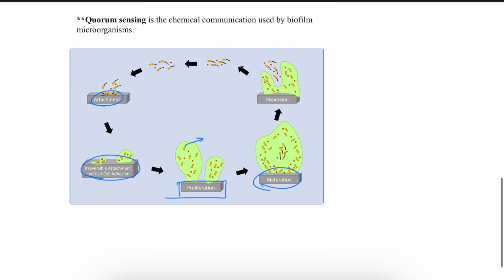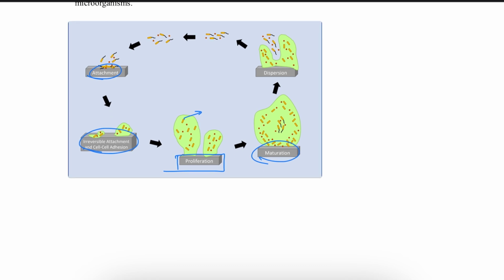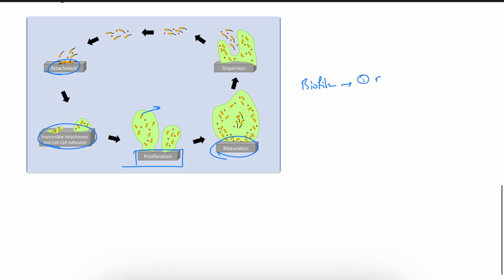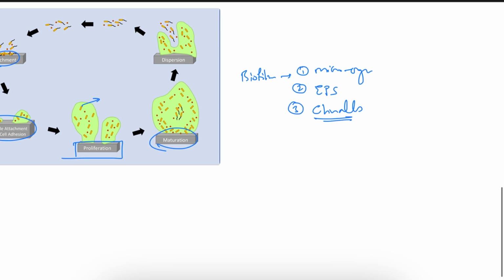In a nutshell, a biofilm consists of three major things: one, the microorganisms; two, the EPS; and three, the channels. These channels are used by the microorganisms for nutrient and waste transport.